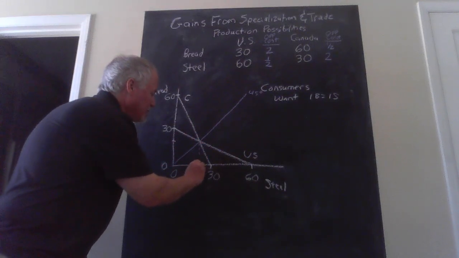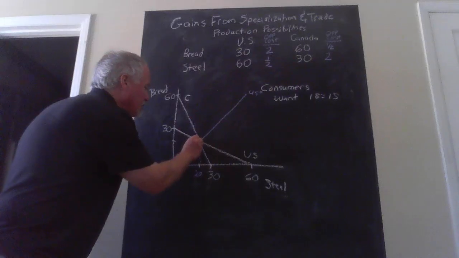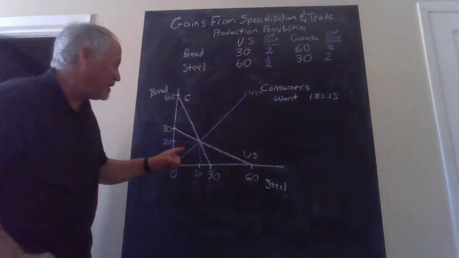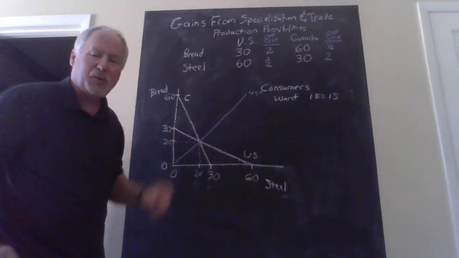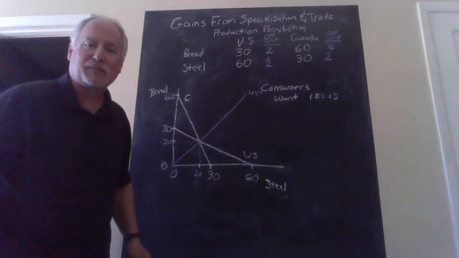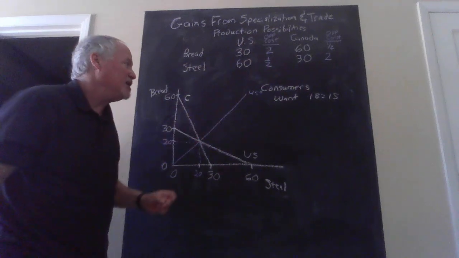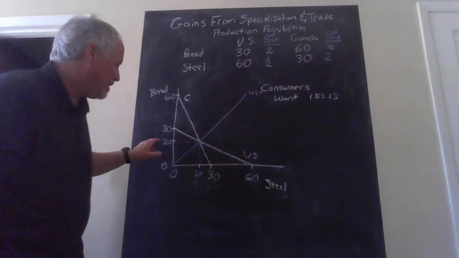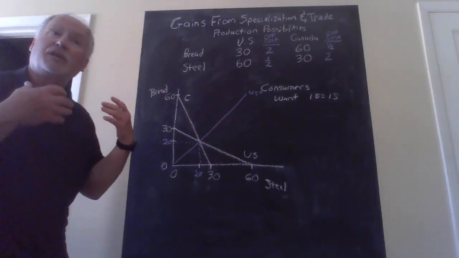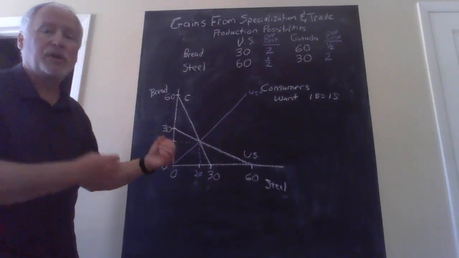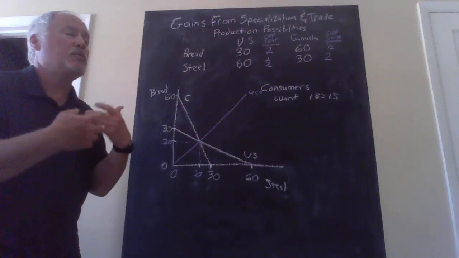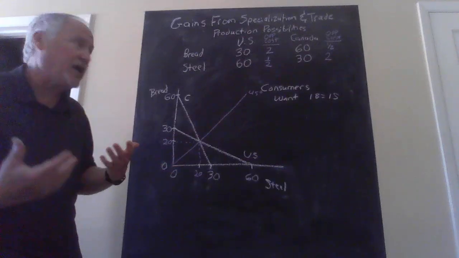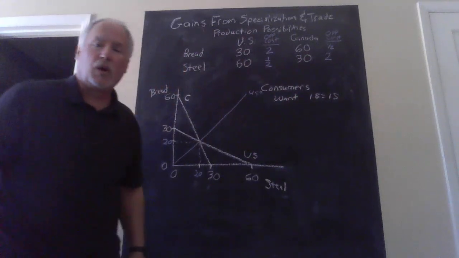That happens to be here, and the numbers work out that both countries would want to be at this point, because the way I've picked this, these production possibilities curves intersect each other at the same point that they intersect the 45-degree line. Each country would want to, in autarky, produce at the point on their production possibilities curve where they would be producing 20 units of bread and 20 units of steel, because that's what they have to consume. They can't trade, and that gives consumers what they want.